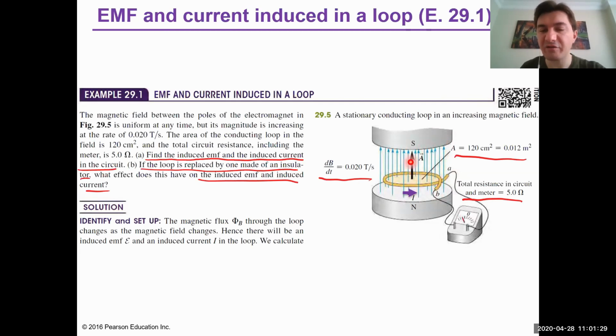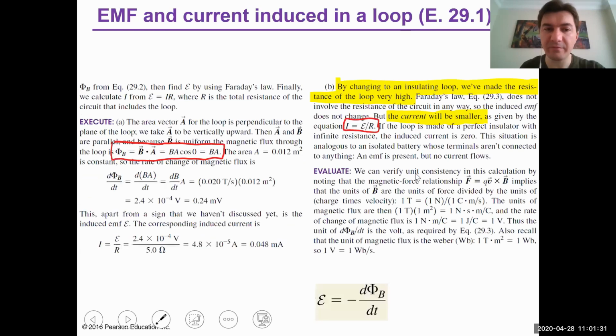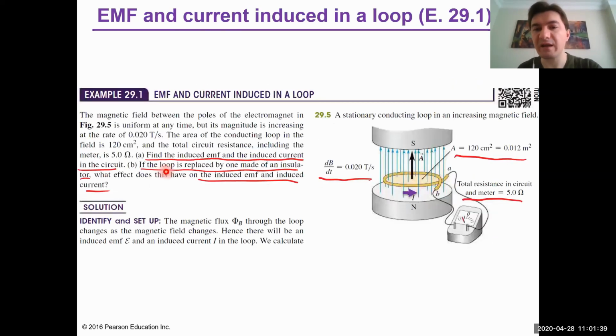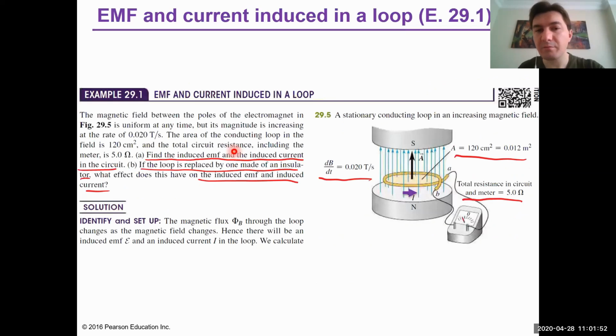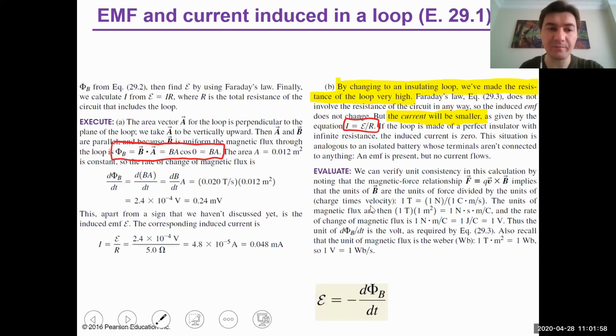This is the direction of the surface vector. The angle in between is 0, and cosine 0 is 1. Then the magnetic flux through that area is given by B times A. A is known, but what about B? B is given by that expression. It is increasing by time.